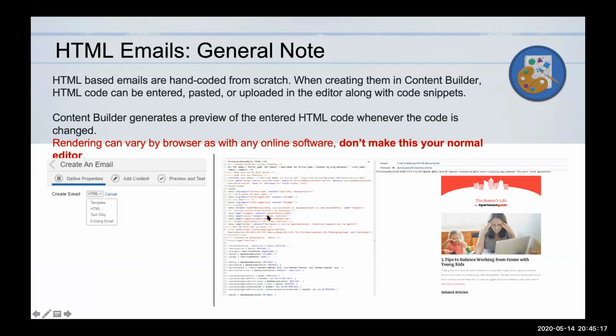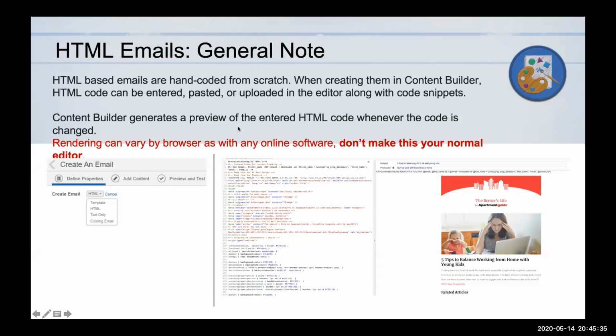You could just drop it off as an HTML. So Content Builder generates the preview when you enter it. And this is actually a sample of one of my own templates that I have re-engineered a little bit here.